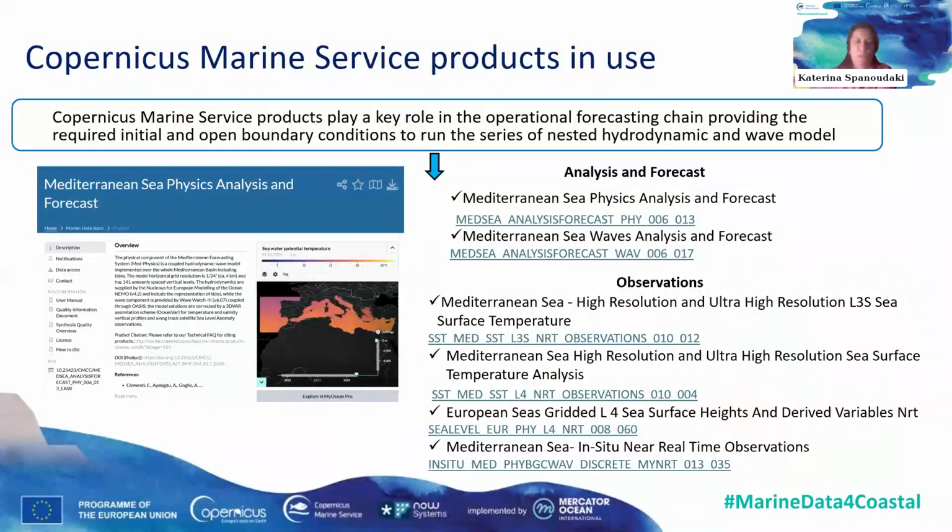From the Copernicus Marine Service, we use, through the Python API, analysis and forecast products, so the Mediterranean Sea physics and the Mediterranean Sea waves. And we also integrate observations for satellite surface temperature, but also in situ near real-time measurements.